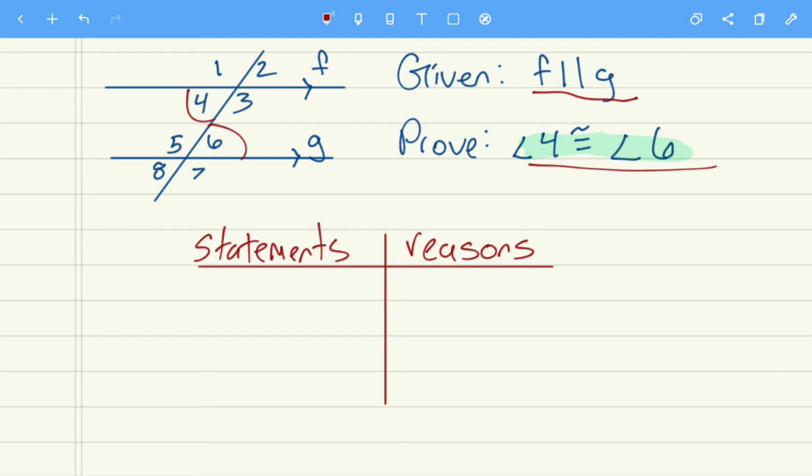So these two are angles 4 and 6. And let's look at our given information, which is that F is parallel to G. Now for my next statement, I'm going to look at one of our angles that we need to use and say angle 4.